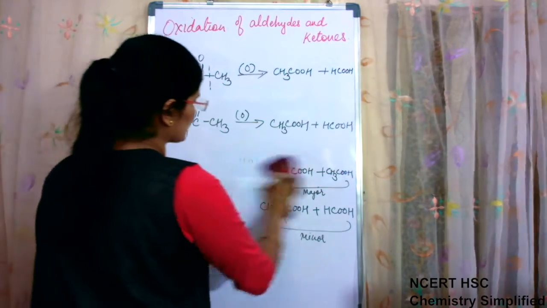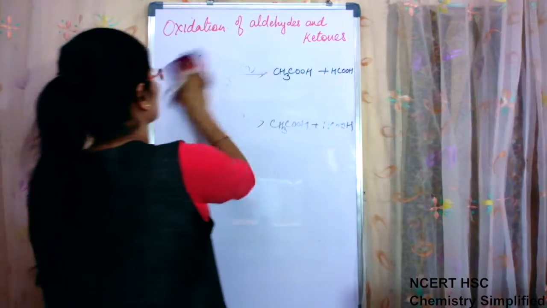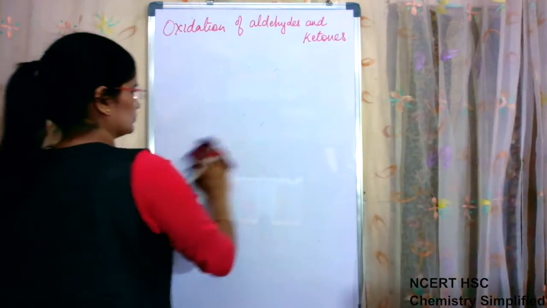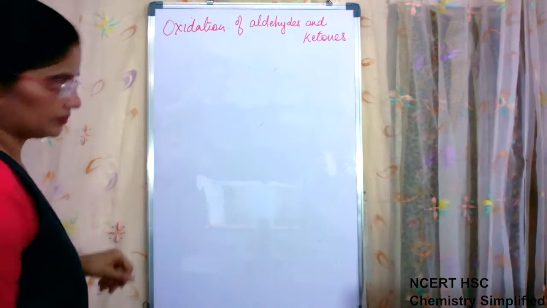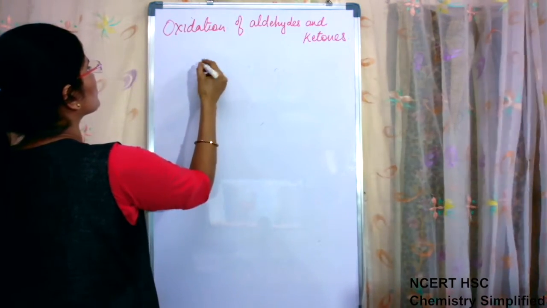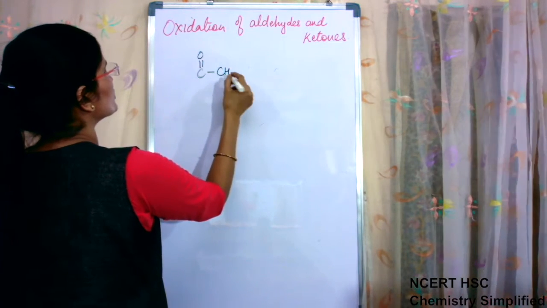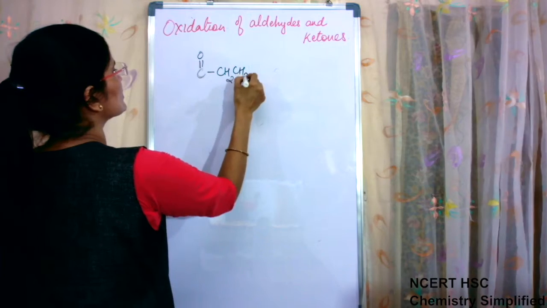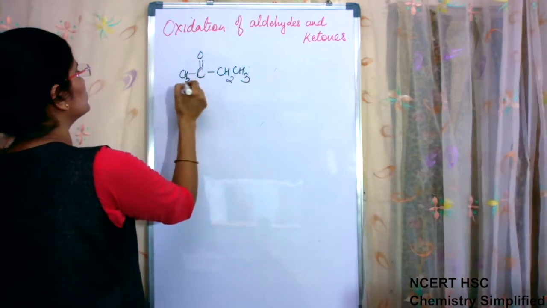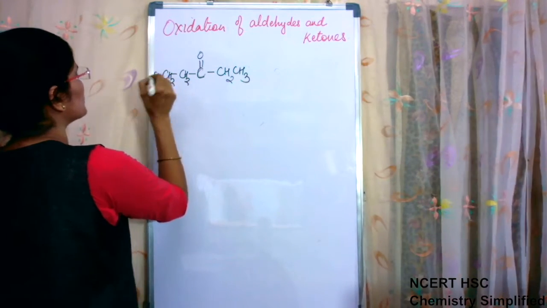See, we take another example. Take a ketone having CH2CH3 group this side and CH2 and CH3 group this side.